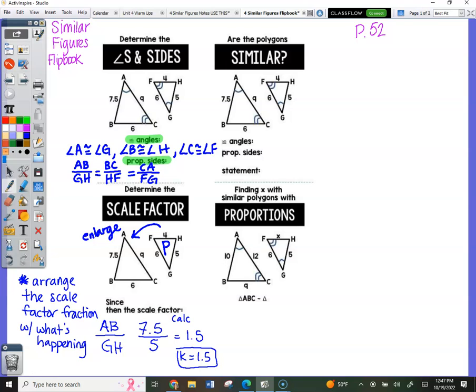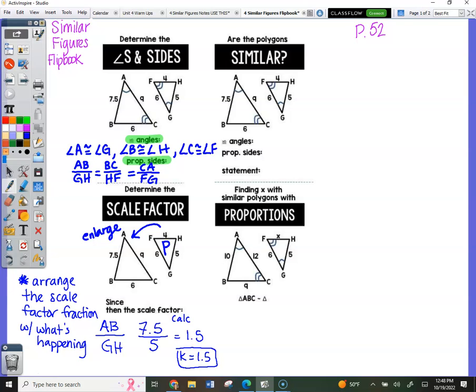I was asking because if it was shrinking, somebody do 5 divided by 7.5 in your calculator. 0.6 repeating. So if it was shrinking, the scale factor would be 0.6 repeating, which would be a fraction.